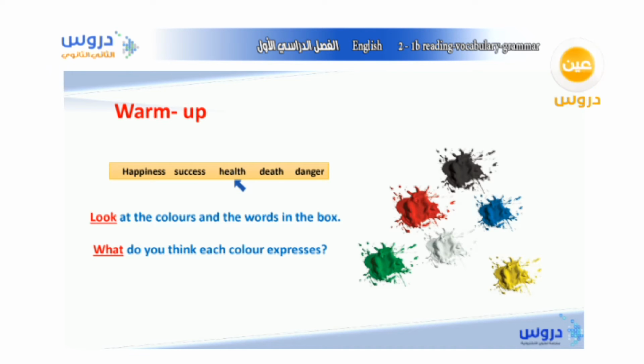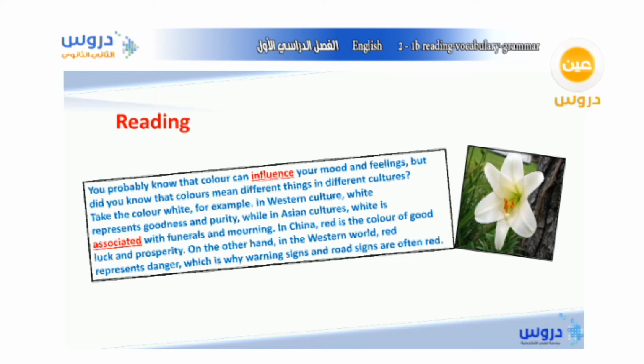Many can say that green and blue represent health, death, of course, the black, and danger represented in the red color. So these colors really have different meanings in other countries.